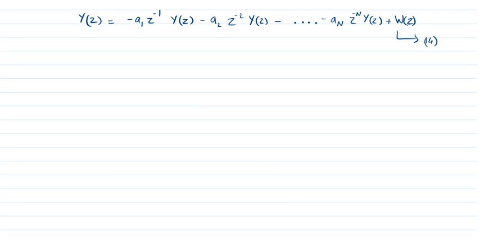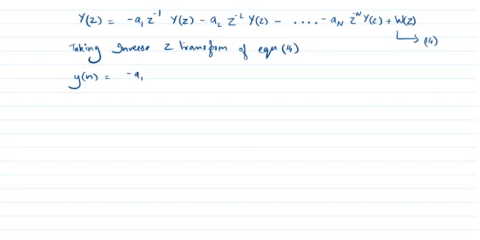Okay, so now I will take the inverse z transform of equation 14. We will write y of n equal to minus a1 y of n minus 1, minus a2 y of n minus 2, minus an y of n minus n, plus w of n.